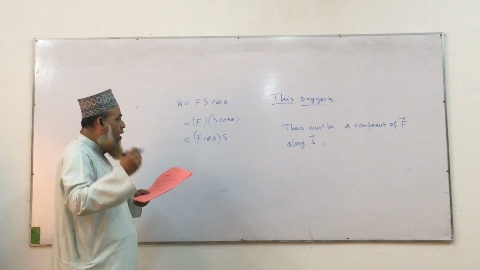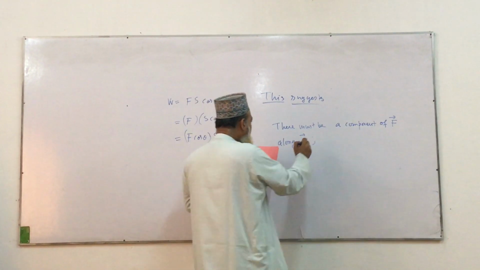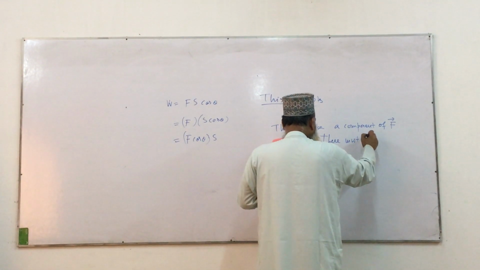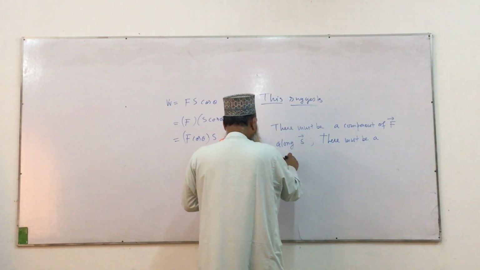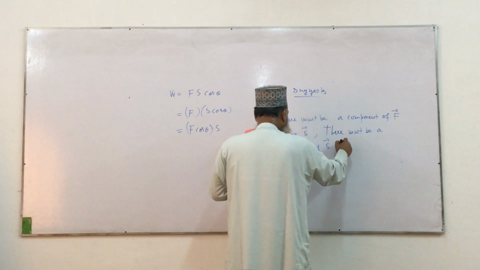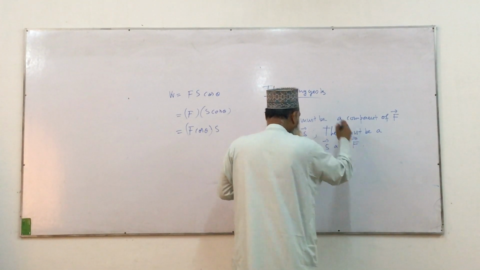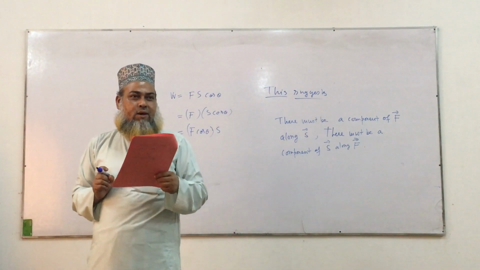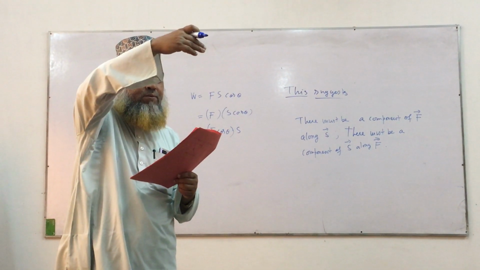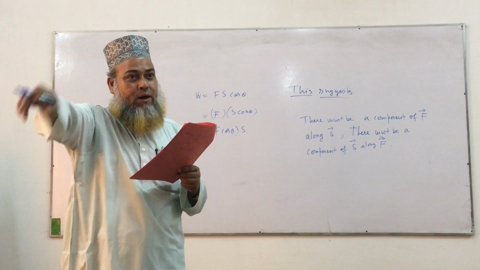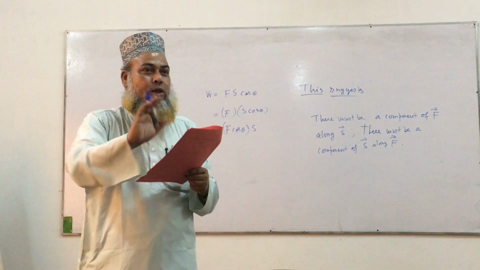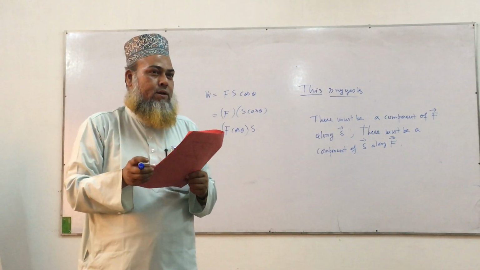There must be a component of F along S. Also, there must be a component of S along F. These two should be fulfilled. The displacement has to have a component along direction F. Also, F has to have a component in the direction of displacement. Otherwise, work will not be done.